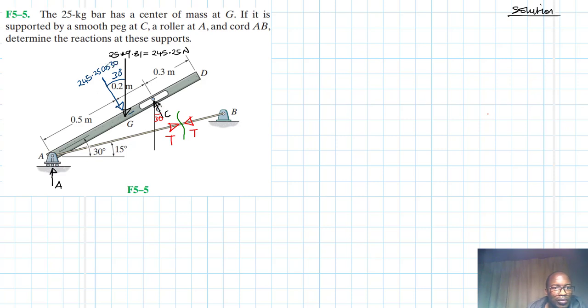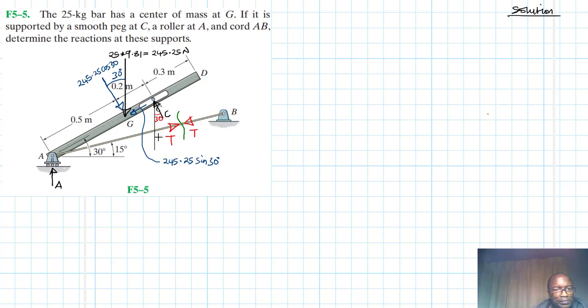Then we'll have another component in this direction, which is going to be equal to 245.25 sine 30.